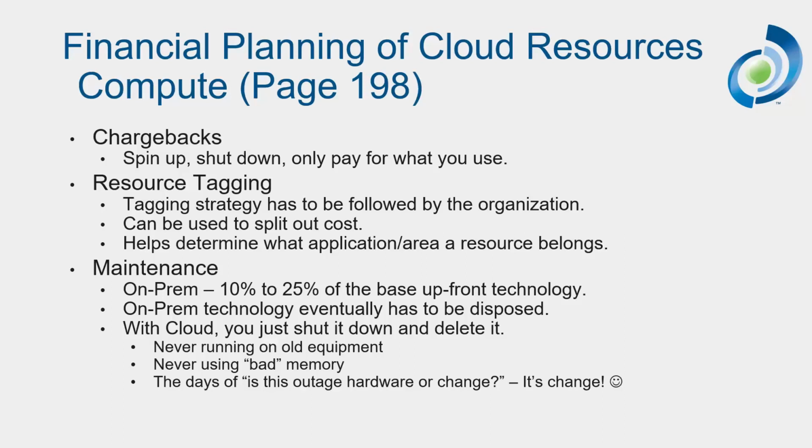Resource tagging. It's a tagging strategy. So this is when you spin up resources, you can tag them. You can use them for different purposes. You can tag them for development, prod, test. You can tag them for application. You could tag them for different teams, and you can use those tags when you're running financial reports to determine who is paying for what.